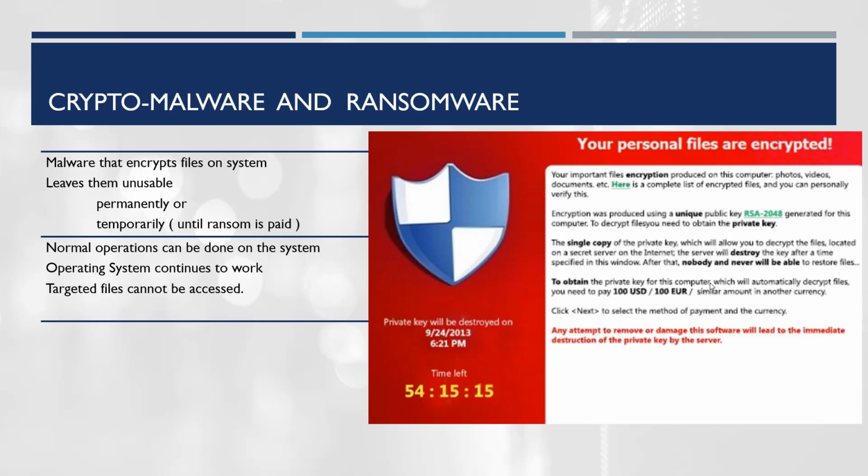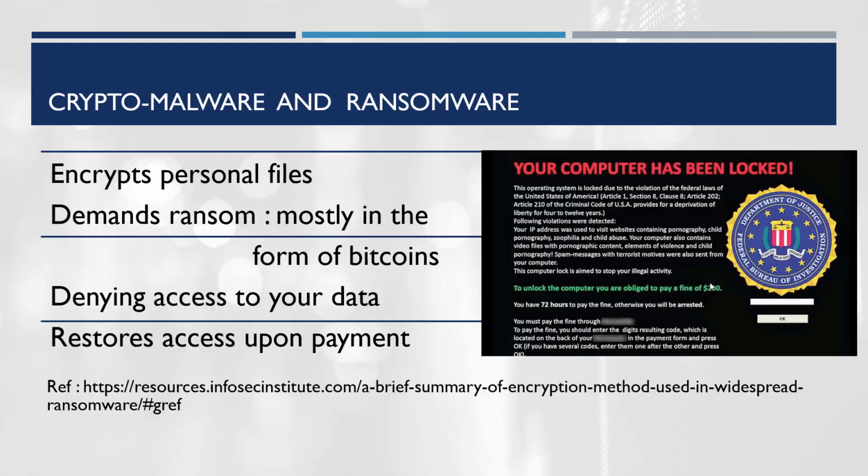It's important to understand the difference between a crypto malware and a ransomware. A ransomware is something that encrypts your entire computer. There are famous ones that we have heard in the past, like the PTR ransomware, which encrypted the whole computer and demanded bitcoins.